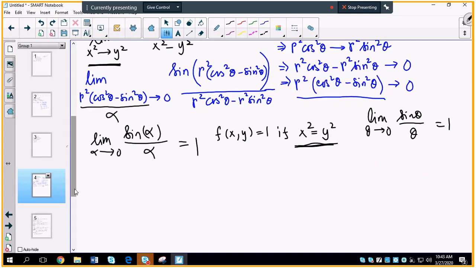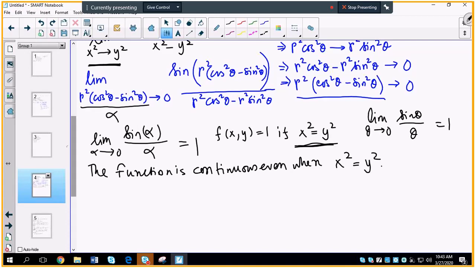So what it says is that the function is continuous even when x squared is equal to y squared.